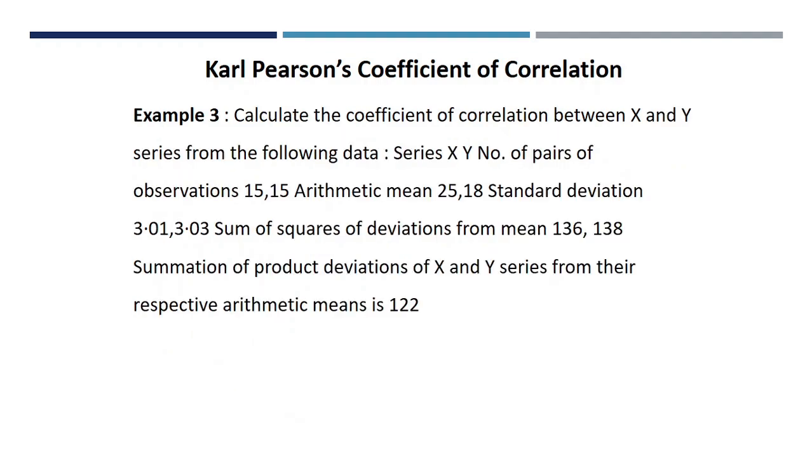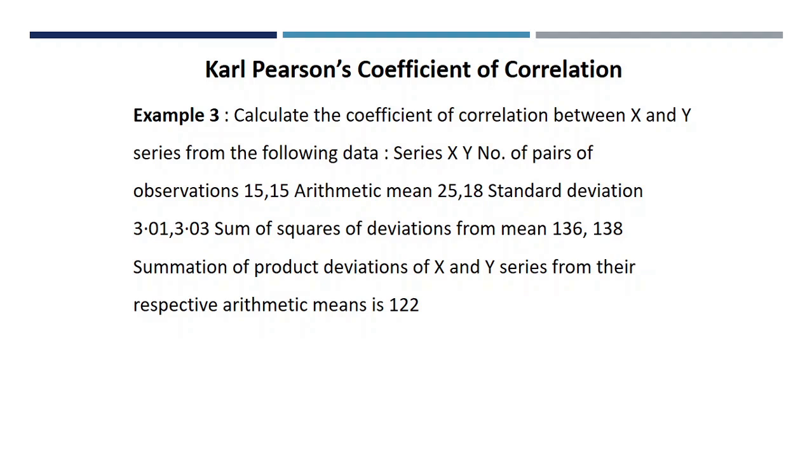Another example: calculate the coefficient of correlation between x and y series from the following data. For the series x and y, the number of pairs of observation is 15 each. Arithmetic mean of x series is 25 and arithmetic mean of y series is 18. Standard deviation of x series is 3.01 and that of y is 3.03.